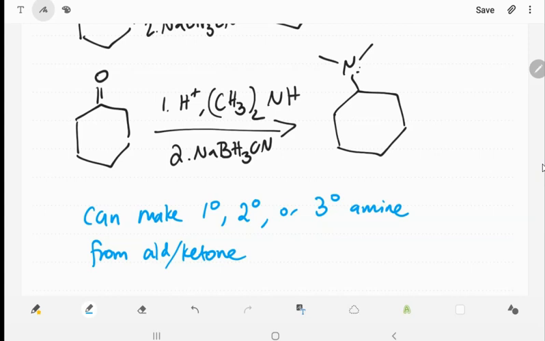Now we know all these ways to make or to deal with aldehydes and ketones. So very useful little bits here. All right. So this kind of opens the door for us if we want to make Prozac.